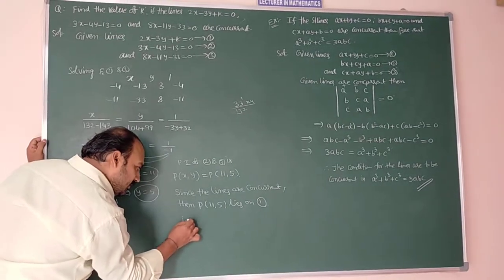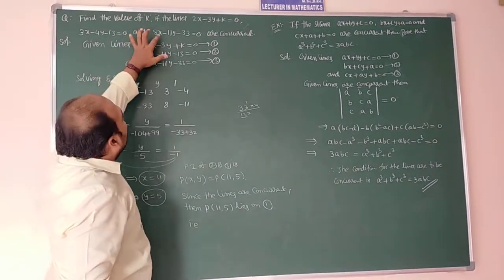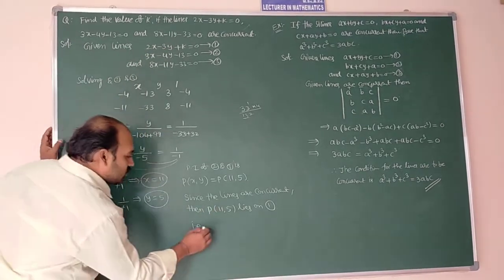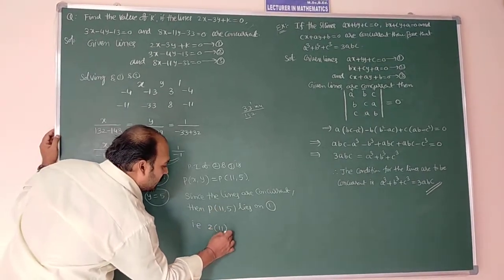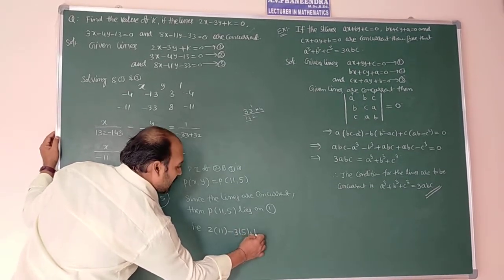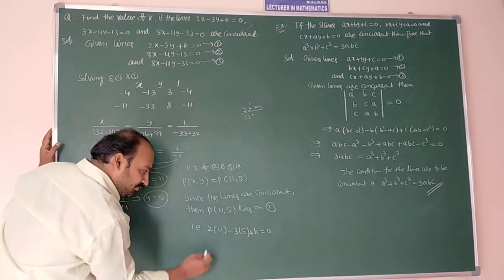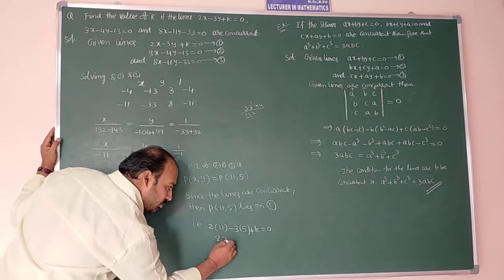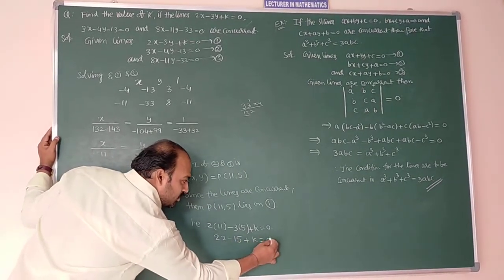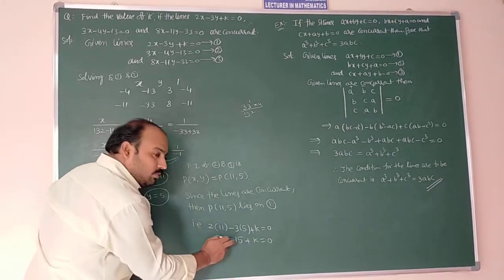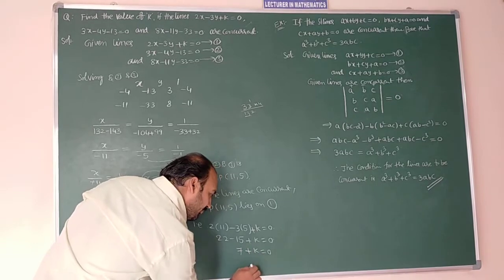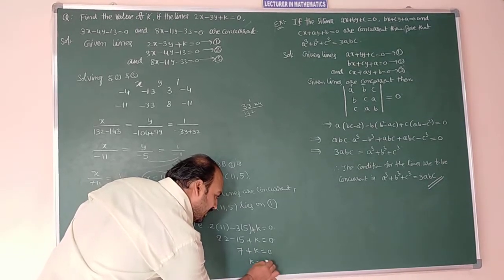That is, in the first equation, in place of x comma y, substitute 11 comma 5. So 2 into 11 minus 3 into 5 plus k equal to 0. 11 into 2, 22, minus 15 plus k equal to 0. 22 minus 15, 7. 7 plus k equal to 0. Therefore, k is equal to minus 7.